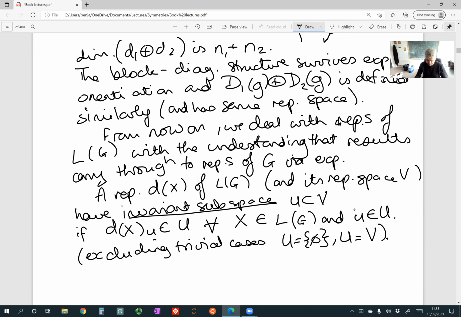Why is this important? This is important because when you exponentiate and get a member of the group, some of the representation space will be untouched by group operations. The group operations will mix up some of the representation space, but not other bits.